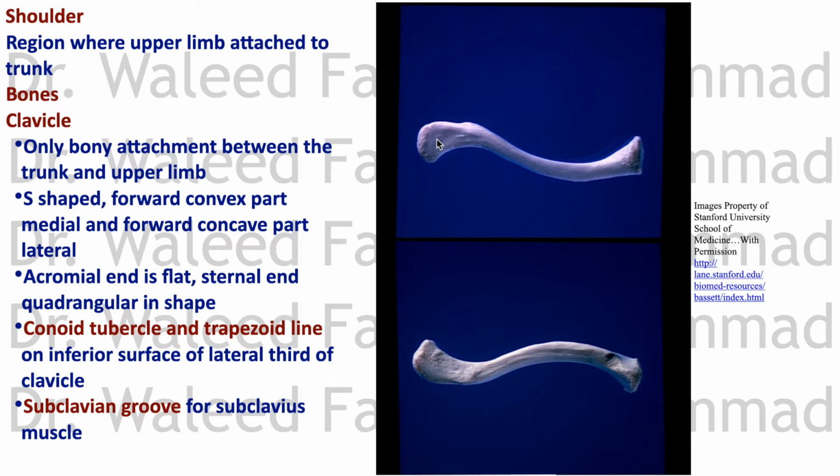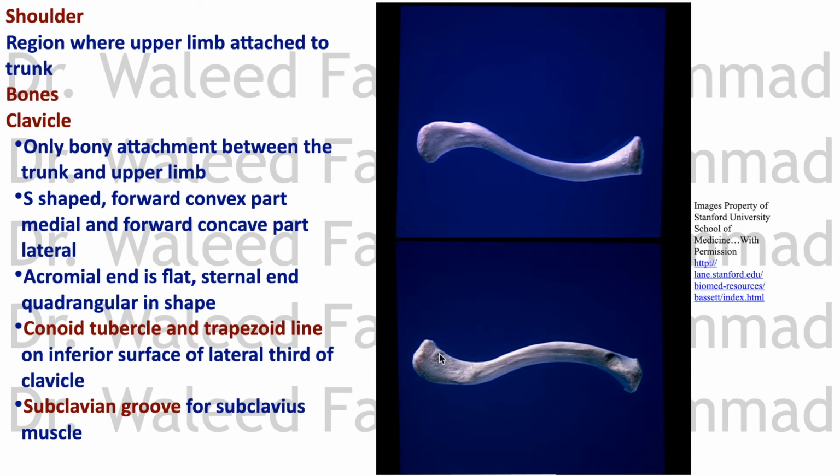Okay. Now on the inferior surface, you can see on the medial side here the impression for the attachment of the costoclavicular ligament and the groove for the subclavius muscle, the one you see here. And here you can see two marks.